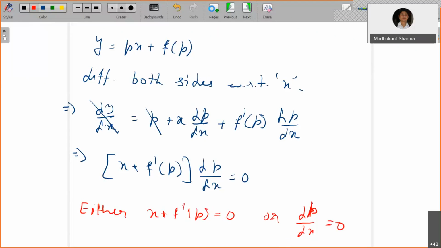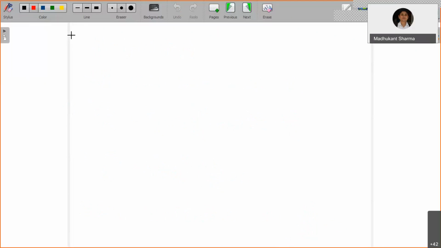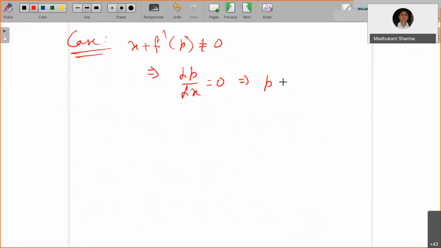Then you have the solution. So in the case x plus f dash of p not 0, this implies dp by dx is 0, and p is equal to a constant, let's say a.